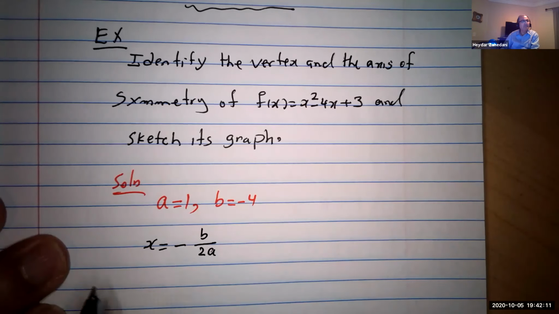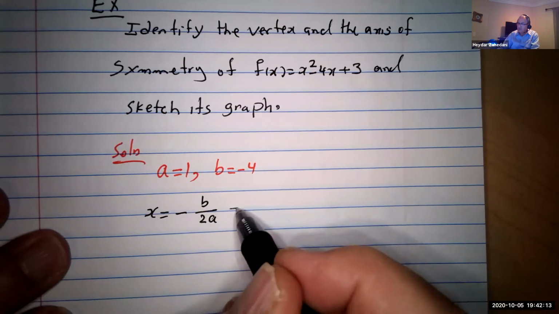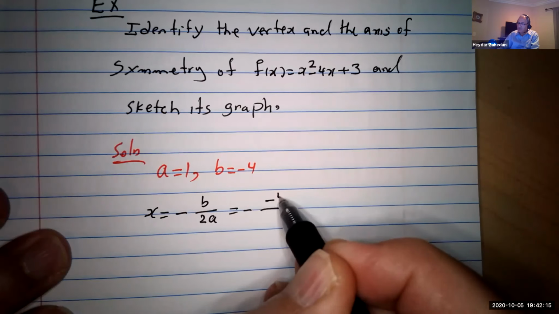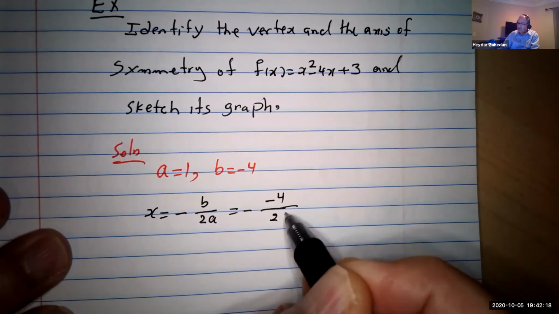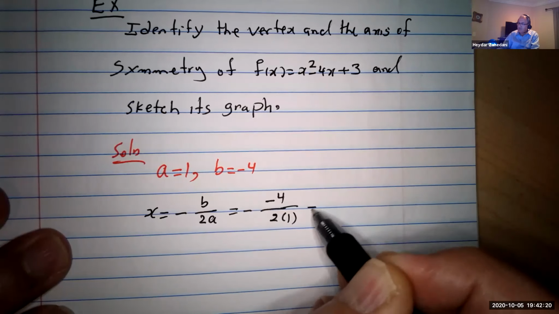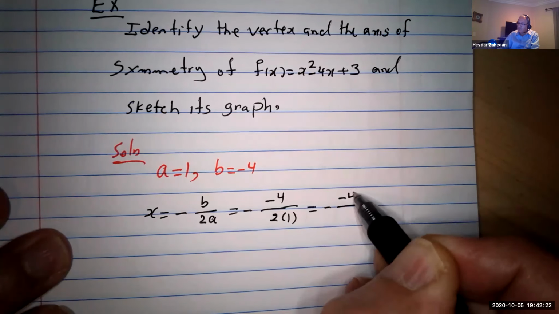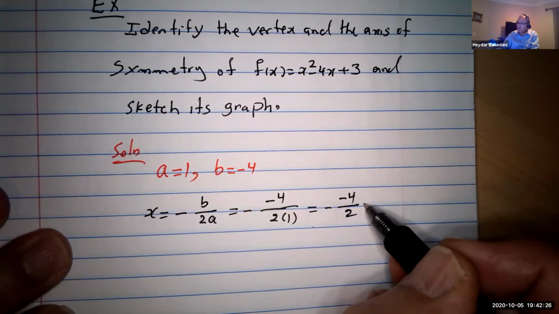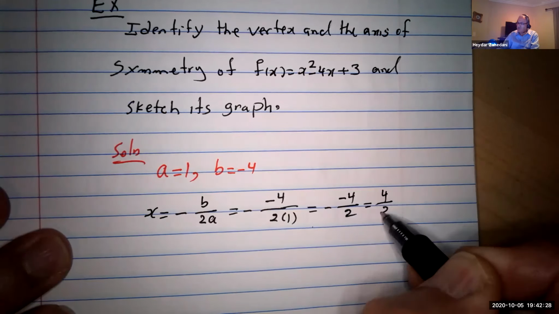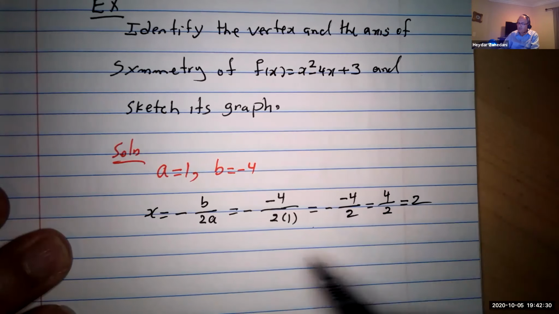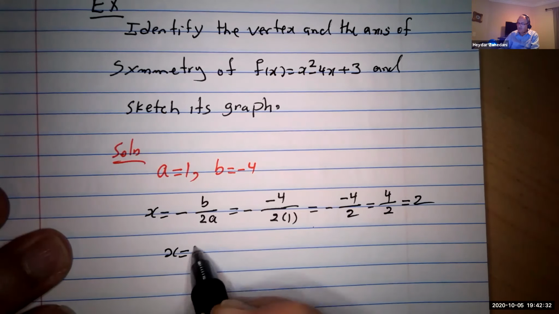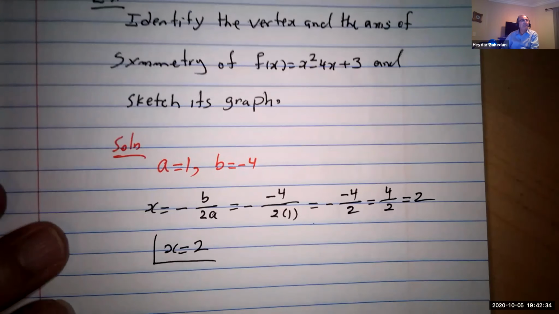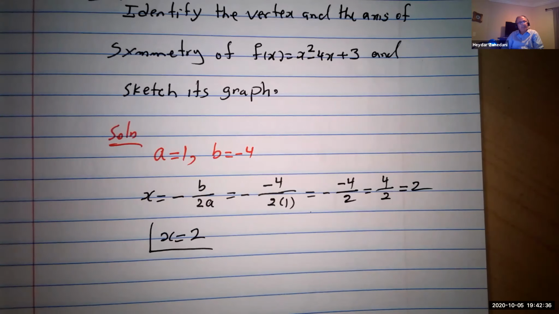Substitute: negative b is negative 4, 2a is 2 times 1. We multiply the bottom first, so that gives you 2. The signs: we have two negatives, and two negatives make a positive. 4 over 2 is 2. So that's the x coordinate of the vertex. Any question? You drop it into the function, you get the y coordinate.